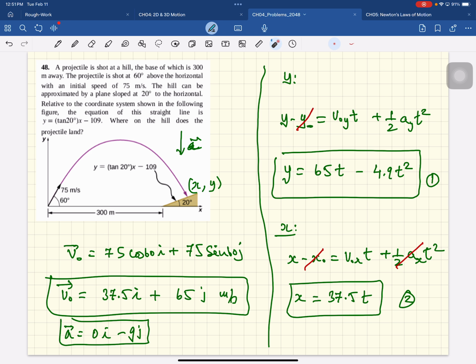What is it that we want to find? The x coordinates on the hill. So we will need to find this, except that they don't give us the time. You have 3 unknowns, x, y, and t, and 2 equations.